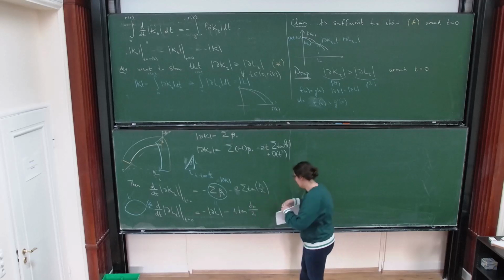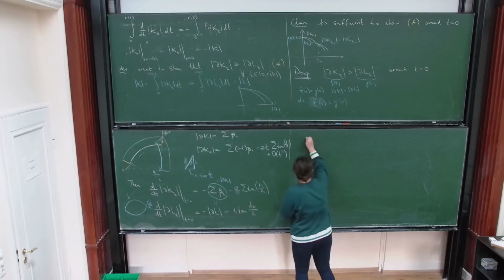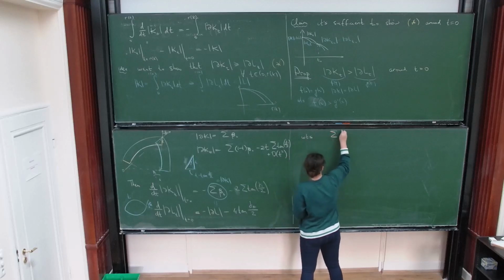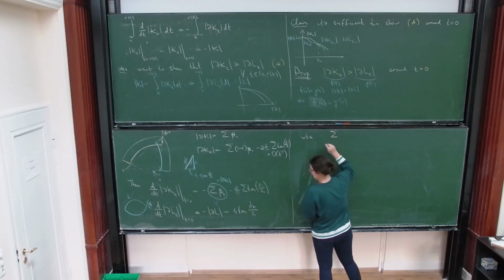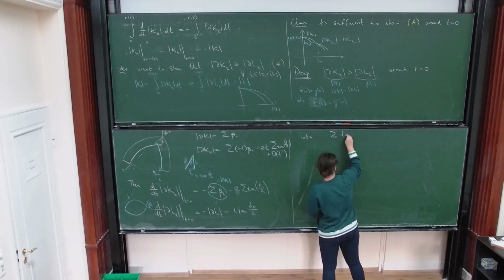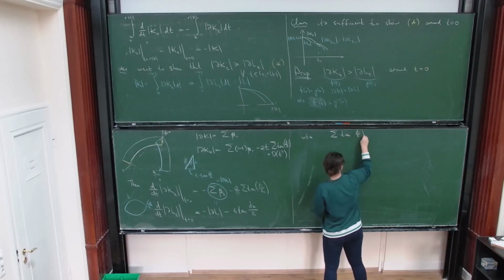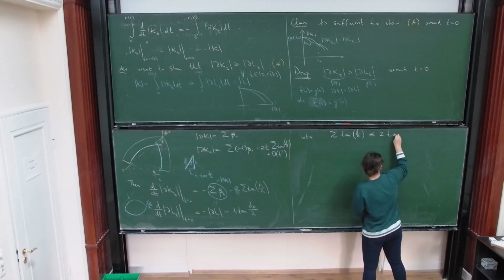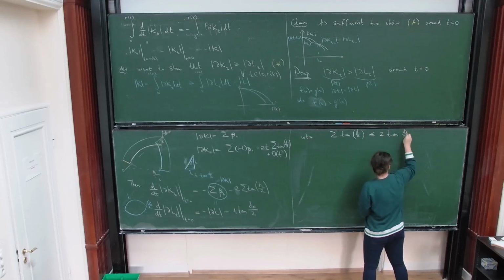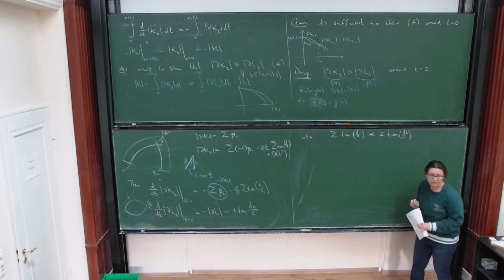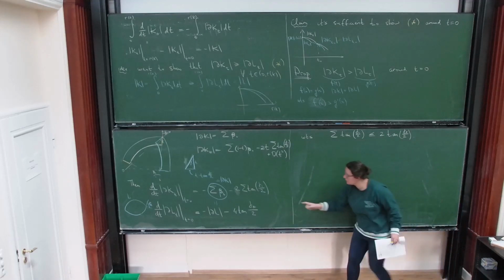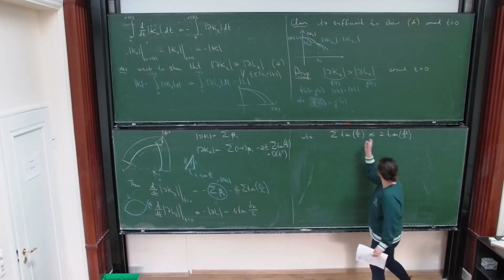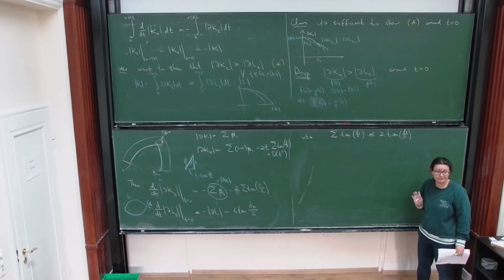In other words, if I multiply also by minus sign, what I want to show is that the sum of tangents, with the angles divided by 2, is less or equal than twice the tangent with the angle of the lens. Because I want to show that this is greater than this, but with the minus sign, I need to show that this is less than this.